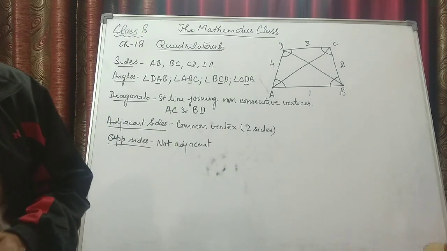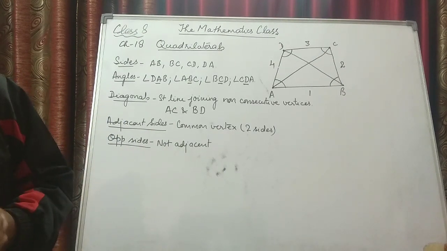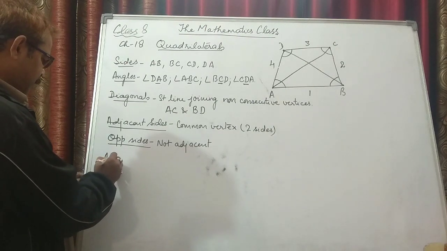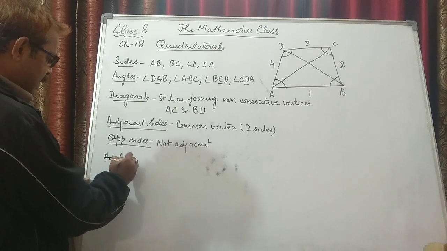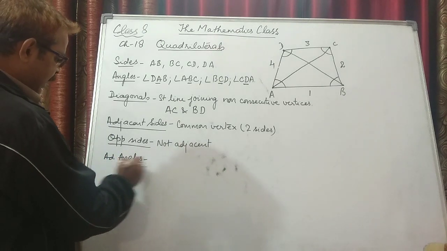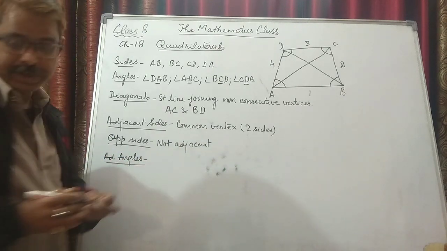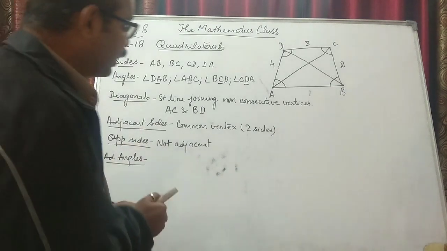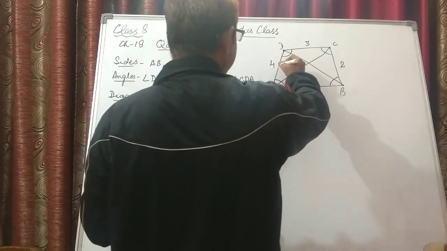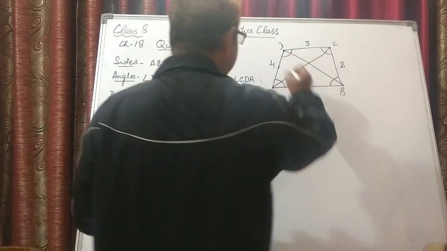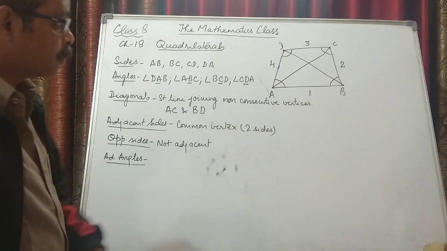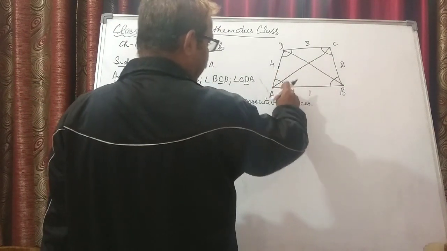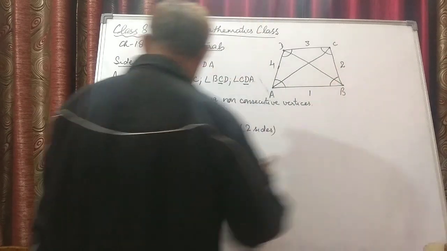Now we talk about the adjacent angles. What are adjacent angles? In a quadrilateral, any two angles, if they have a side of the quadrilateral in common. Suppose I talk about side AB, so angle A and angle B will be adjacent.